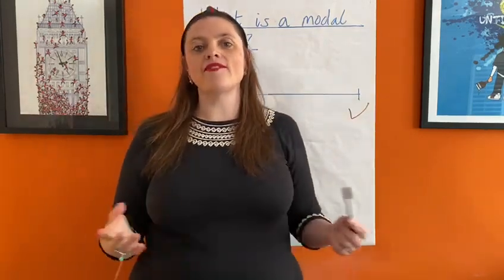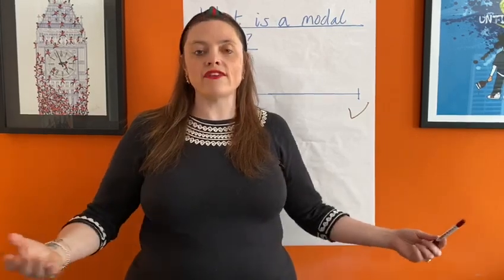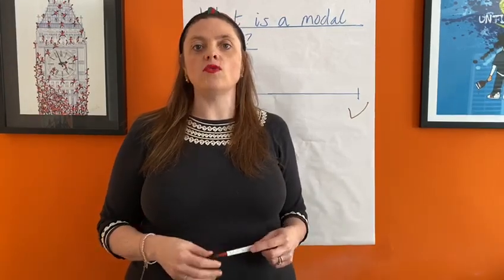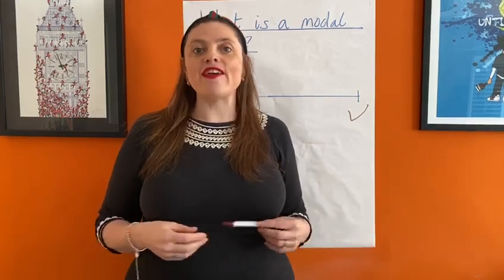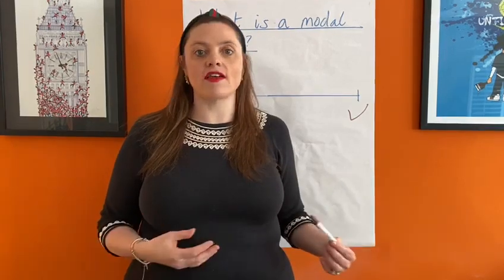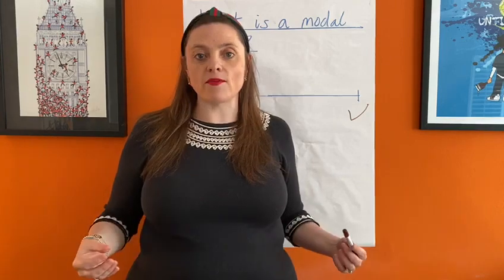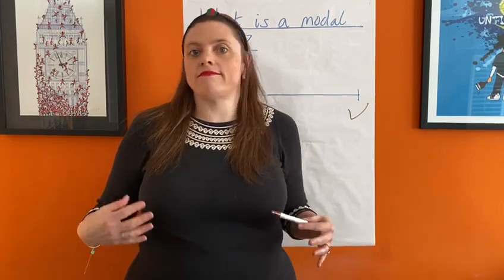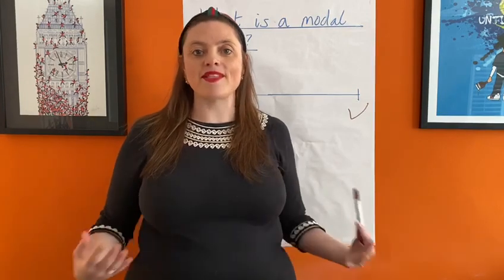So you could perhaps have a little think at home of things that are definitely going to happen, that you will definitely have some dinner tonight, or you will definitely have a shower at some point this week, I hope. But for impossible things that don't happen, it's probably not likely that you're going to go on holiday tonight somewhere, or it's probably impossible that the moon won't come out tonight or the sky won't turn dark, because that happens every night.